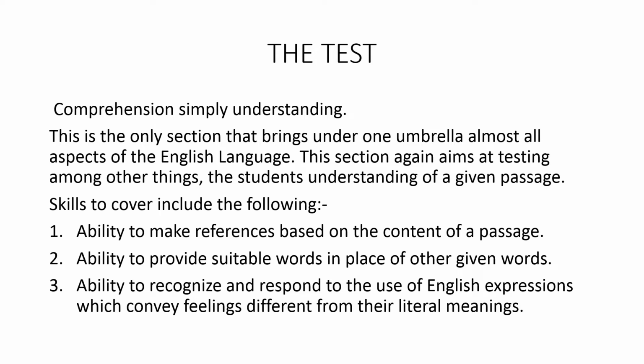Now, before we are able to do this, let us look at skills that go with it. Number one, ability to make references based on the content of the passage. You should be able to make reference to what you are given. Two, the ability to provide suitable words in place of other given words. That is when we're looking at synonyms and antonyms.